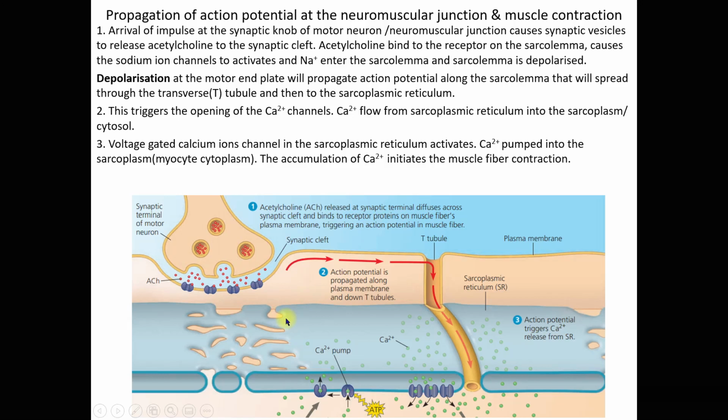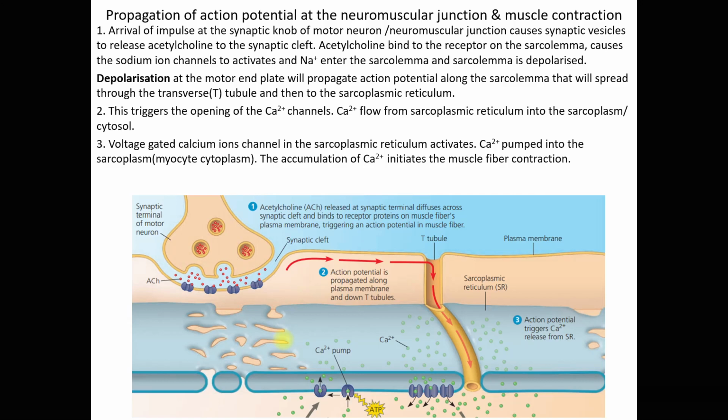Now, voltage gated calcium ion channels in the sarcoplasmic reticulum also activate. When these voltage gated calcium ion channels are activated, calcium ions will be pumped from the sarcoplasmic reticulum into the cytoplasm.